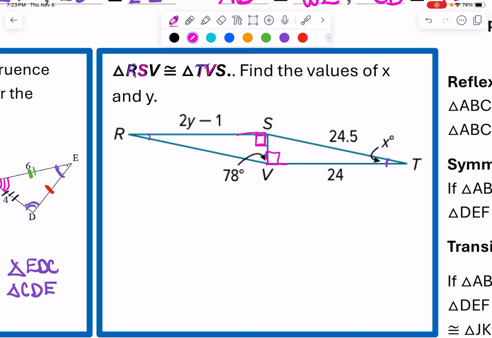And finally, angle V has to be congruent to angle S. Again, a second angle V and a second angle S, so angle RVS has to be congruent to angle TSV.